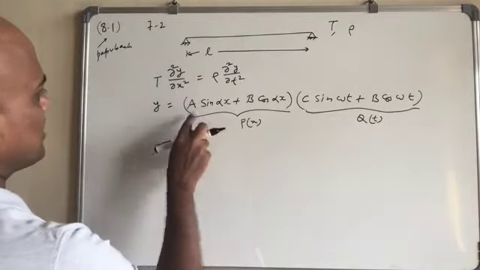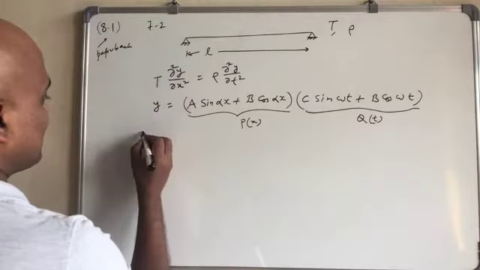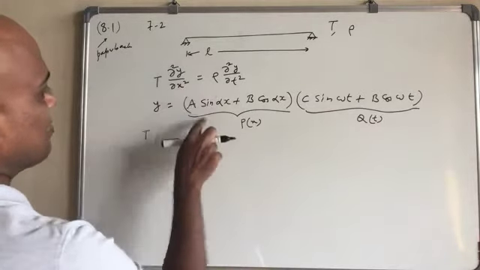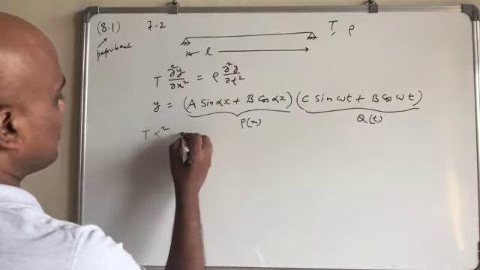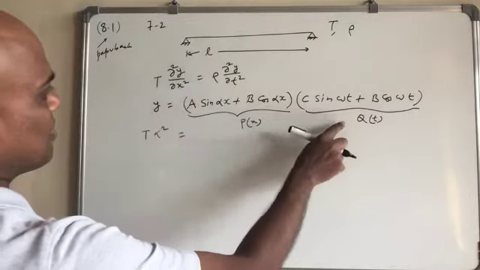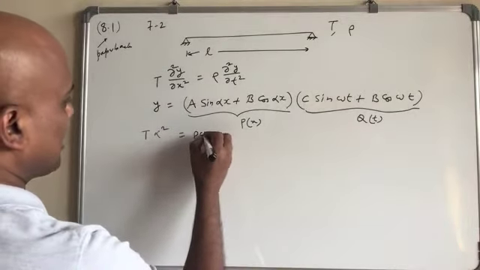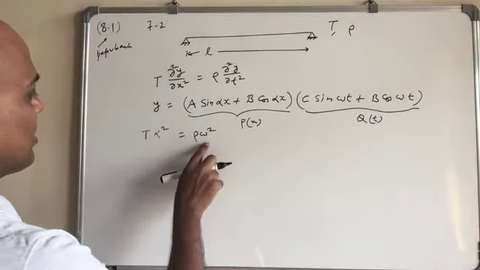So what condition? If you put it here, what do we get? We get T, and with respect to x we get alpha square from here, and from here we get rho, and from here we get omega square, so rho omega square. This is the resonance condition we got.